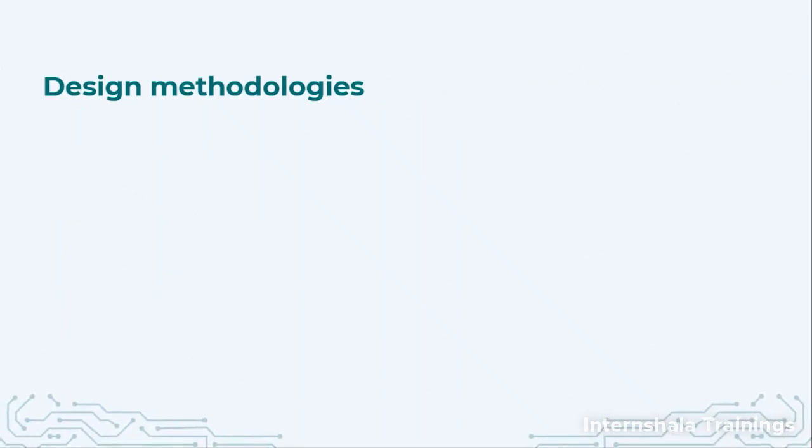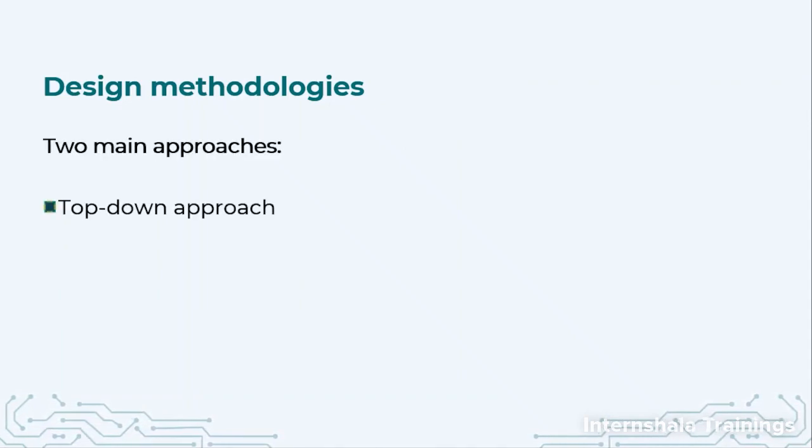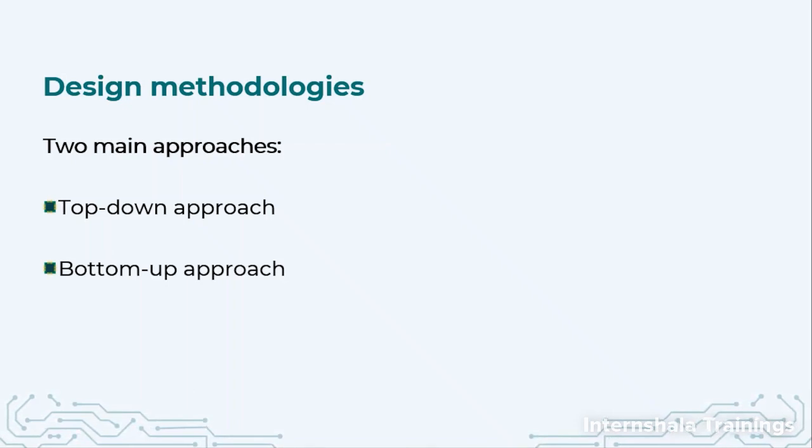We follow certain design methodologies to design a digital system. There are two main approaches. The first one is top-down approach and the second one is bottom-up approach. In the top-down approach, we decide the main logic, then we bisect and divide the whole system into multiple sub-modules.